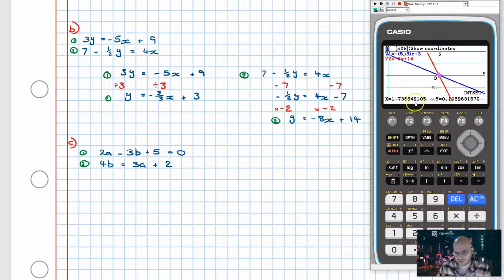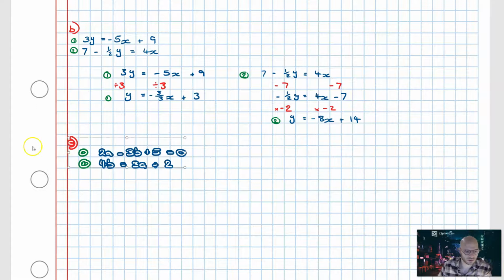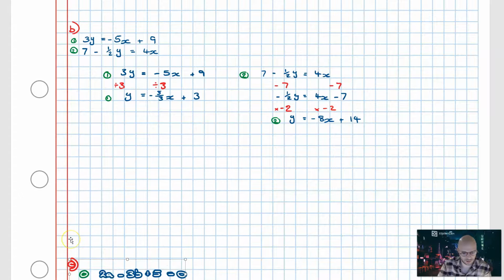The coordinates for this are x equals 1.73684 and so on, and y equals 0.105, and that's the approximate. So for this particular solution, we don't have an exact value, so we'll do the approximate value. So I'll move this down for some more space.